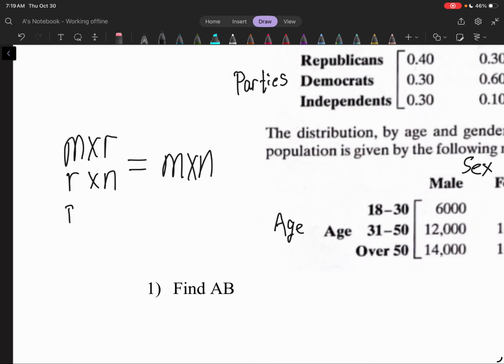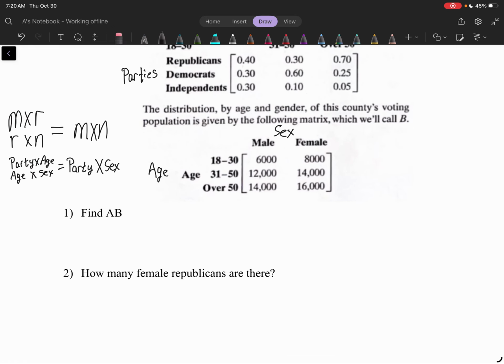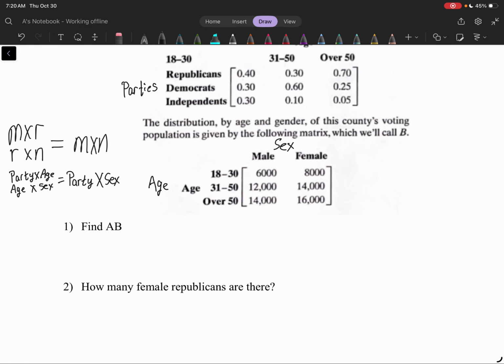Whenever you multiply this, you're taking party by age, you're taking age by sex. The result that you get will be political party as each of your rows, and sex as your male and female columns. That is just a helpful hint to help you with number 2.